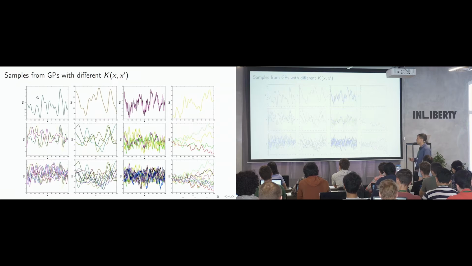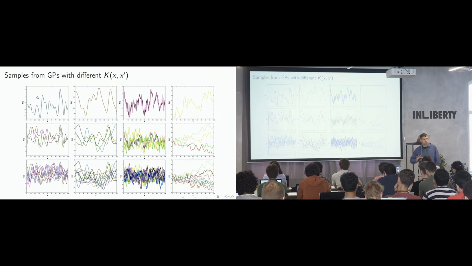And if I generate trajectories for different values of the parameters of the covariance function, for different values of alpha, we see that if the parameter alpha is small, these trajectories will be very, very rough, not smooth at all. But if alpha is quite big, then trajectories are quite continuous.